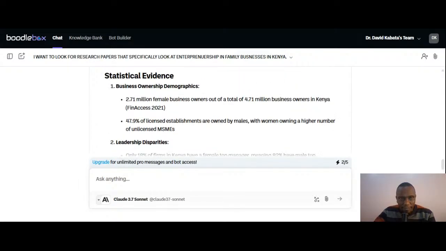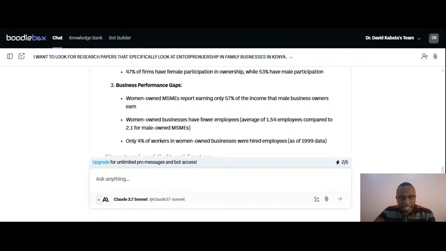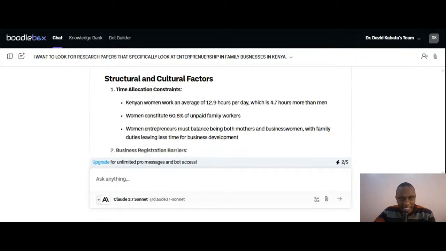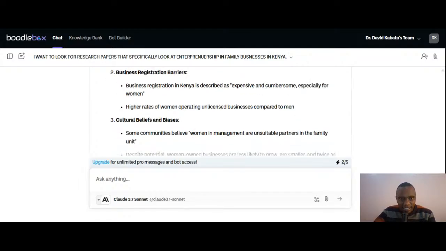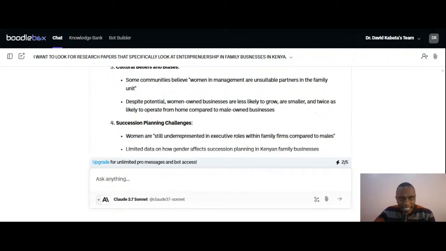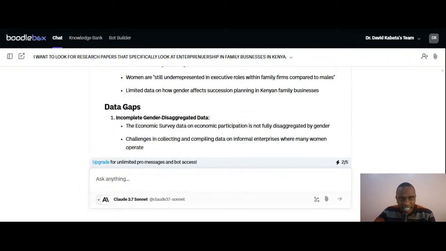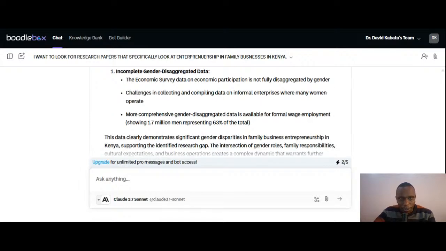And you can see I've gotten the business ownership demography, leadership disparity, business performance gap, structural and cultural factors, time allocation constraints, business registration barriers, cultural beliefs and biases, succession planning challenges, and data gaps, all from the economic survey.